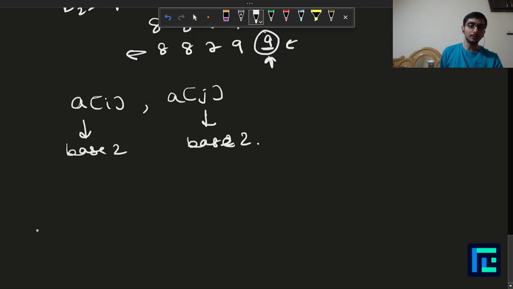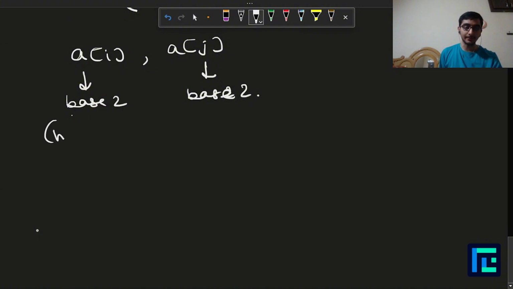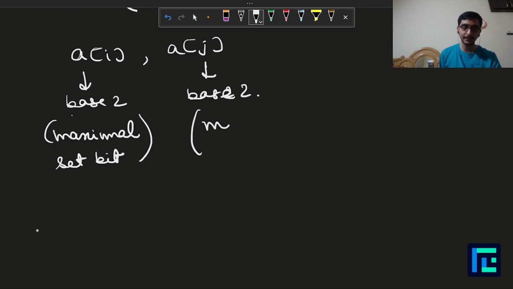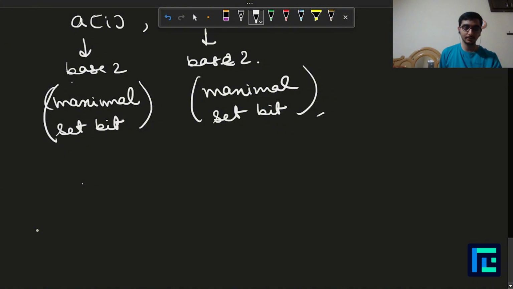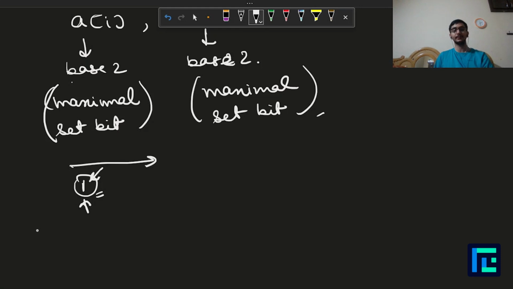Now I try to find the maximal set bit in this number, and also I try to find the maximal set bit in this number. So what is the maximal set bit? That is the first bit that is set to 1 when I read the number in binary from left to right. So if I go from left to right in a binary number, the first bit that I encounter which is equal to 1 is the maximal set bit of that number, also known as the MSB, right?